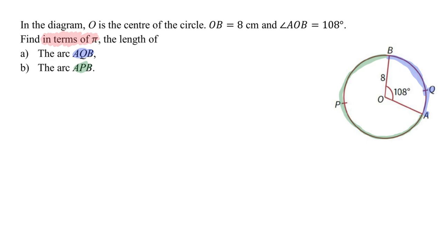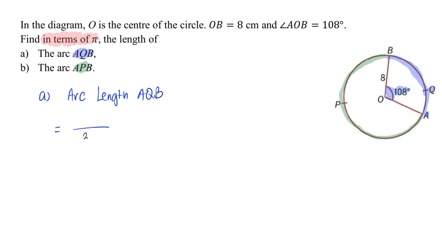So for part A, we are given angle 108 degrees, and therefore the arc length AQB is equal to, what do you think this is?